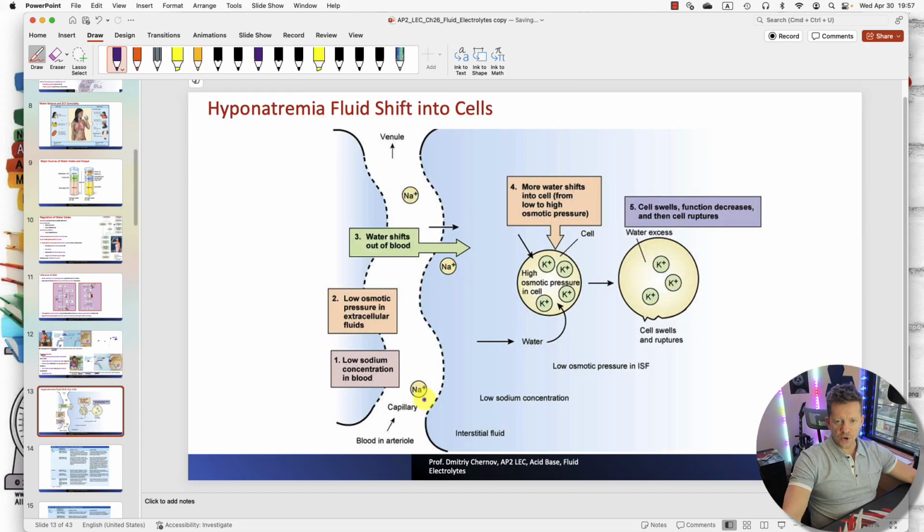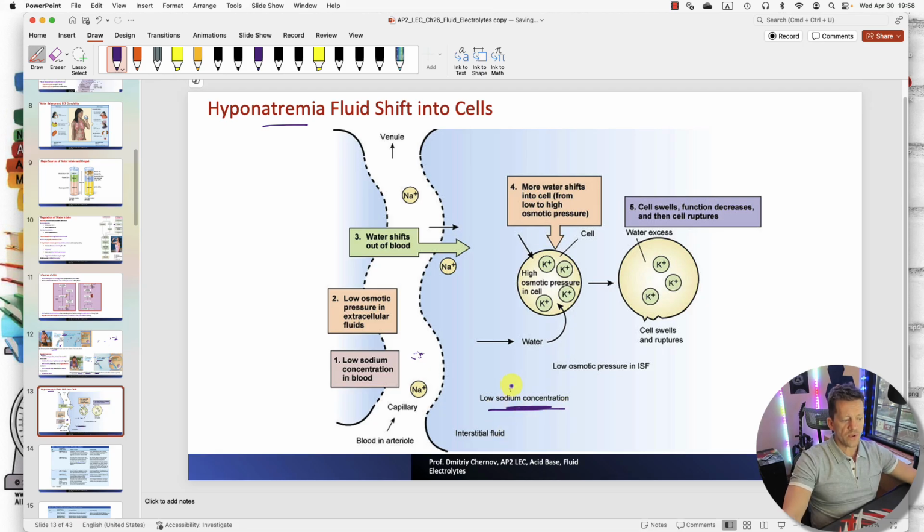Here's just another example. Look at this. What's hyponatremia? Low concentration of sodium, let's say, intravascularly or inside of the interstitial space. Low sodium concentration.